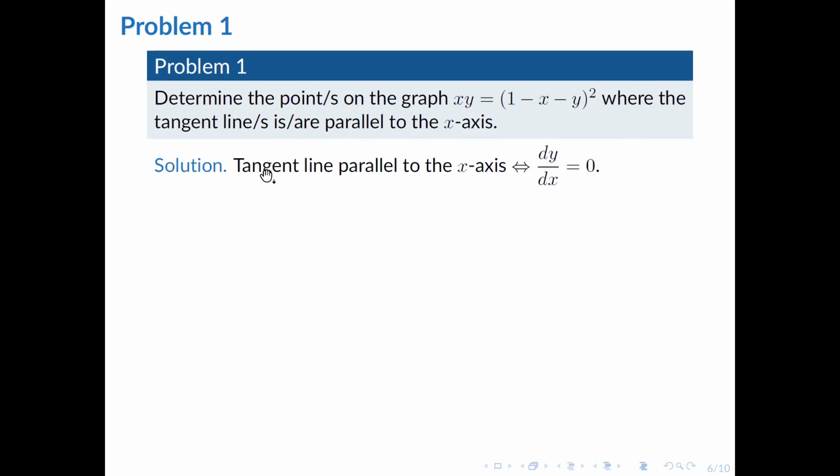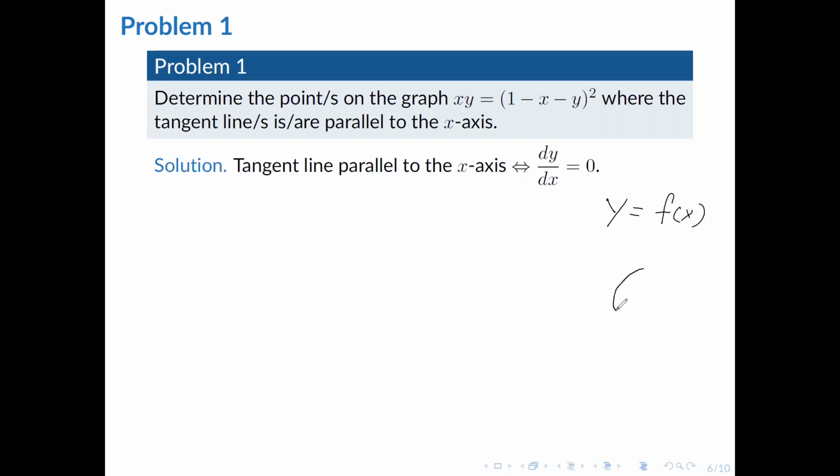So first thing we have to note is that a tangent line of the graph is parallel to the x-axis precisely when the derivative of y with respect to x is equal to 0. To visualize this, remember that our assumption is that y is a function of x, so y equals f of x for some small enough region.